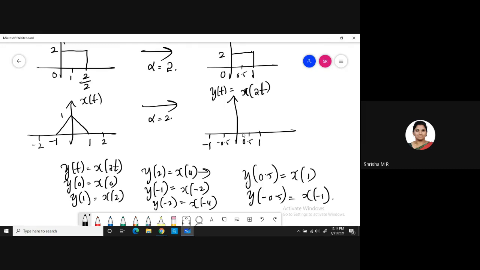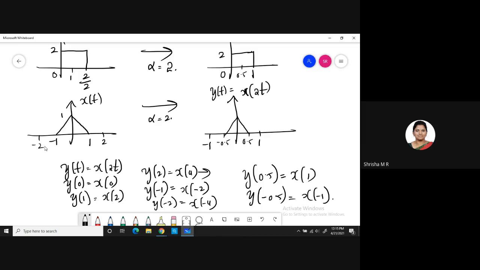We'll take 0.5 and -0.5. So y of 0.5 would be x of 1, so at 0.5 you'll have the signal value which is at 1. So the signal is compressed. Similarly, at y of -0.5, you'll have the signal which is at x of -1.